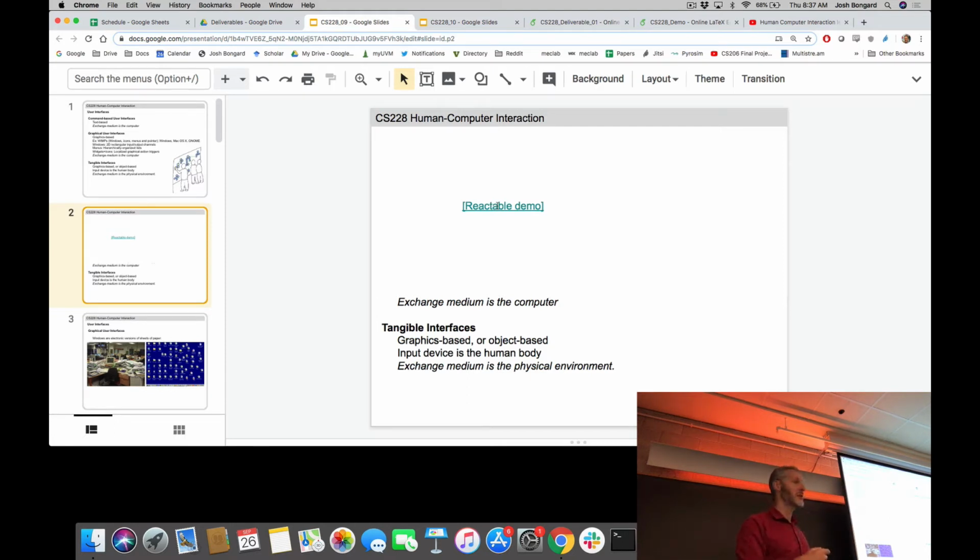Remember, in the very first week of class, we had this feedback loop where the user does something and sees the result of it. In the React table demo, most of what the user is doing, the input of the user to the system, is going to be through physical objects, not directly by touching or tapping on a two-dimensional plane. What you'll also notice in this demo is a whole new set of visual metaphors.